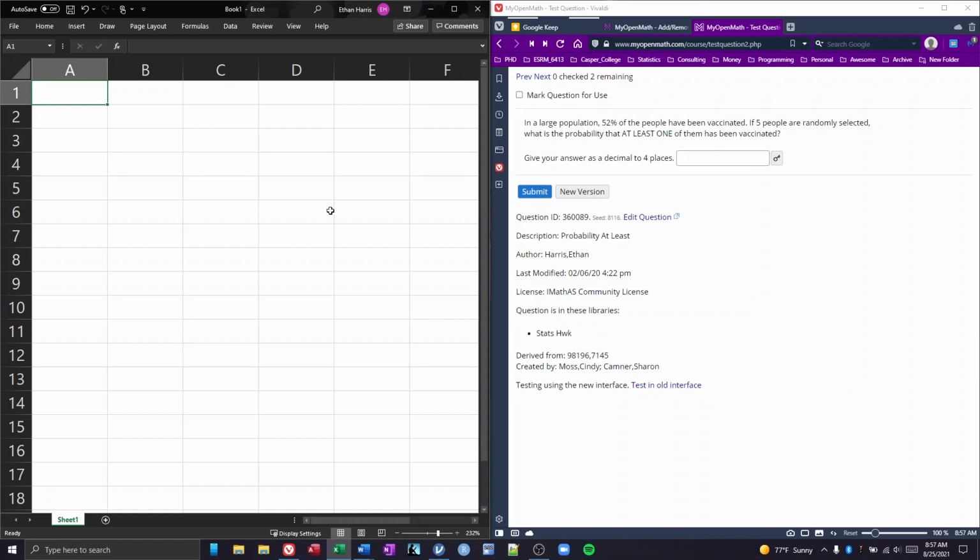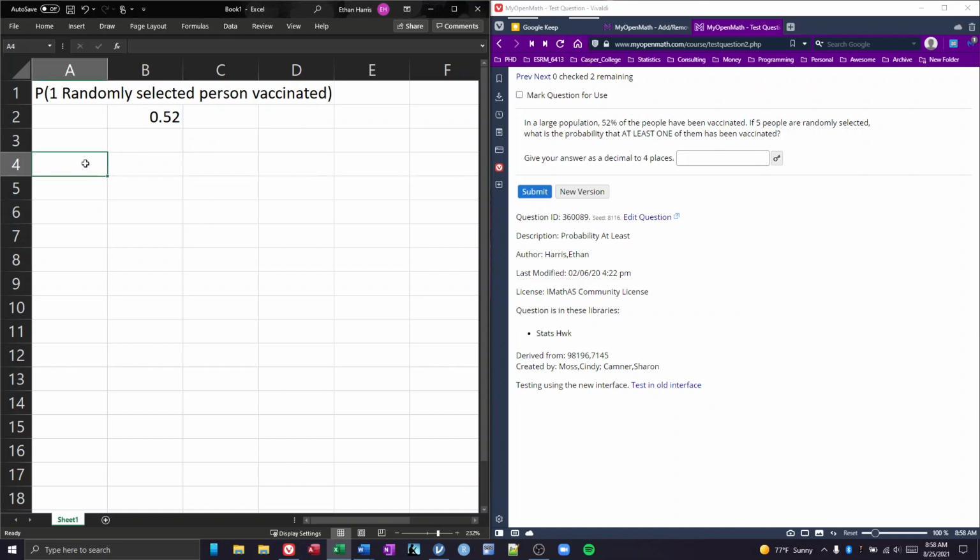So we know that in this population, the probability of randomly selecting one person, we'll do one randomly vaccinated, would be equal to 0.52. Okay, so that's the probability that a single person has been vaccinated.